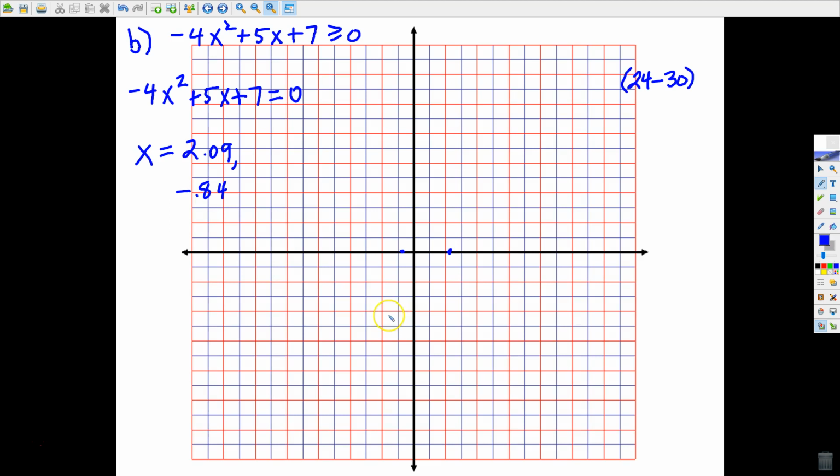All right, and we really just need the vertex as one other point to complete the graph. So opposite of b over 2a works. Matthew, can you give us that opposite of b over 2a number? 5/8.